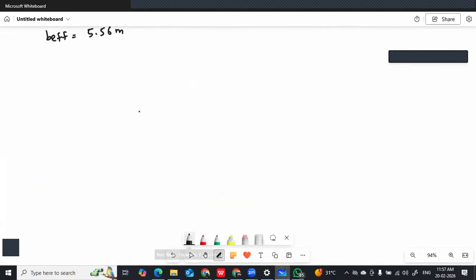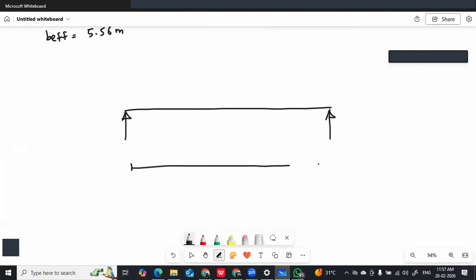Okay, so I will draw the beams. This is your beam, or not beam, the bridge that you have, and the total distance is 6.4 meter, and you have calculated dispersion along the length. See, this is not contact length, this is dispersion along the length, that is 4.76 meter.